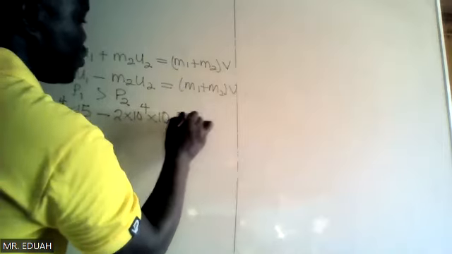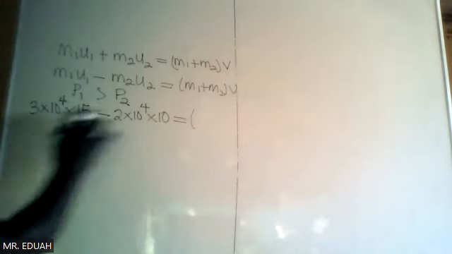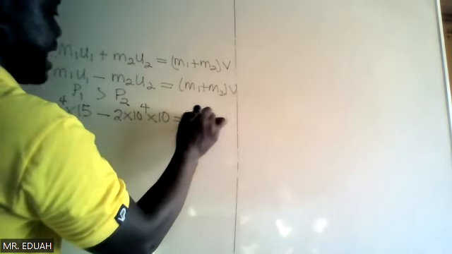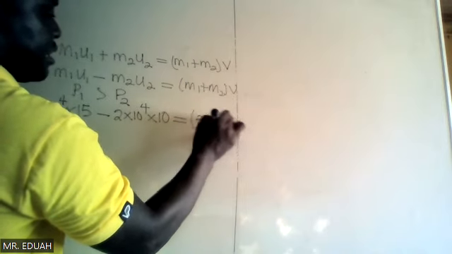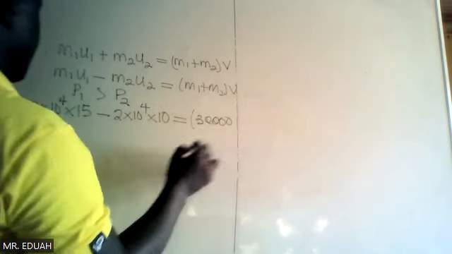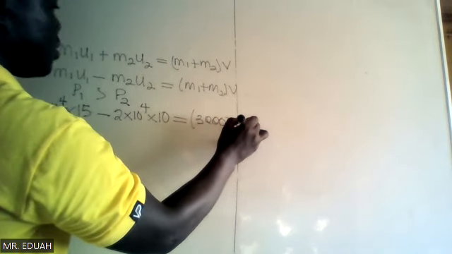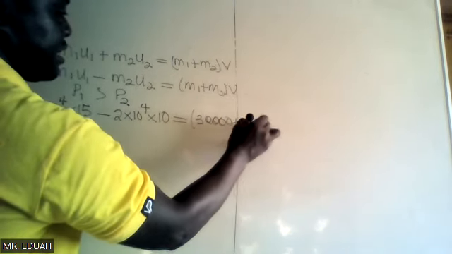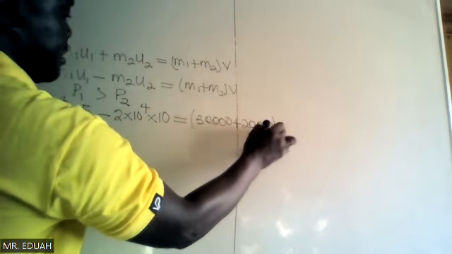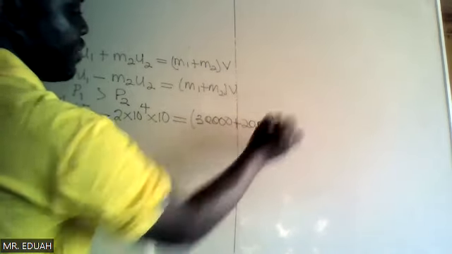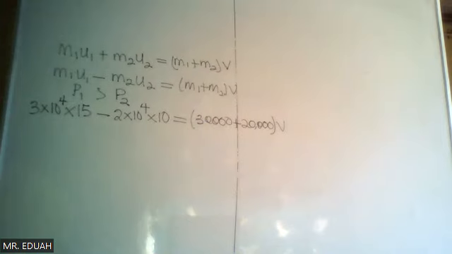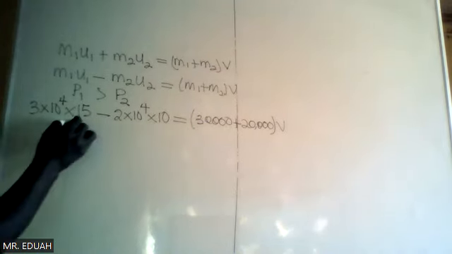This must be equal to M1, which is 30,000, plus M2, which is also 20,000, times their common velocity V. The rest has to do with multiplication.